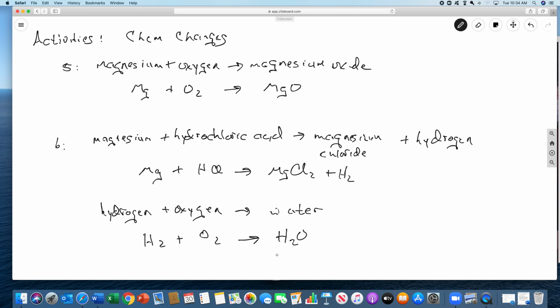All right. So again, you're asked to balance these equations. So you can hit pause to make sure you get this copied down. I'm going to erase it. And then activities 7 and 8. I'm going to call it ACT for abbreviation. Activity 7, I did potassium.